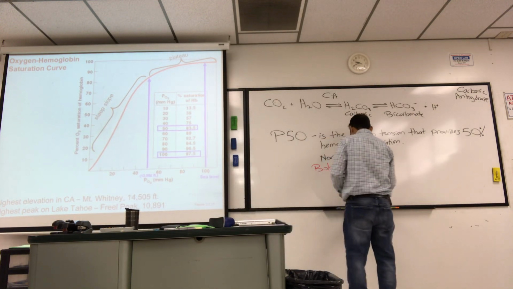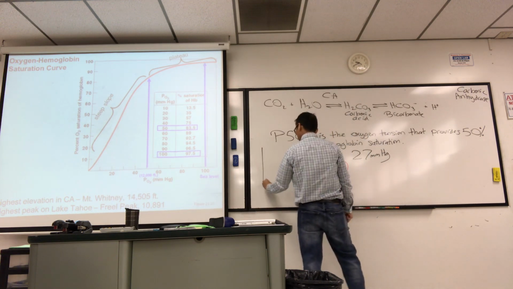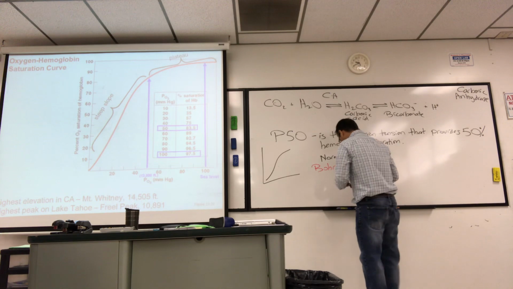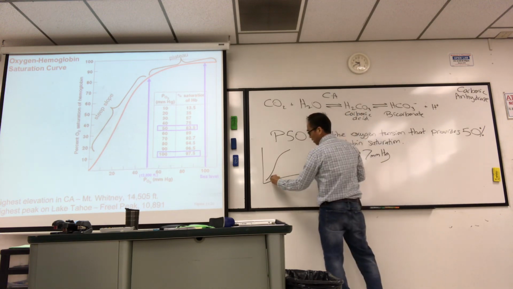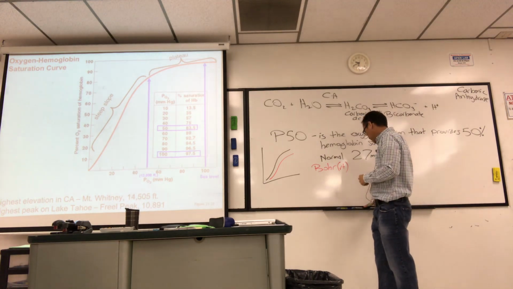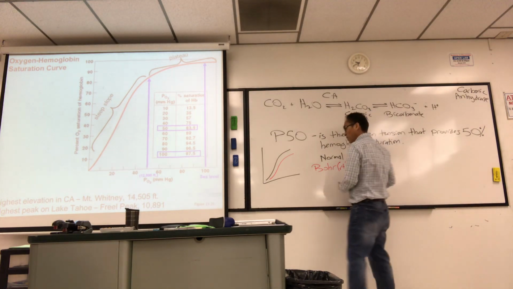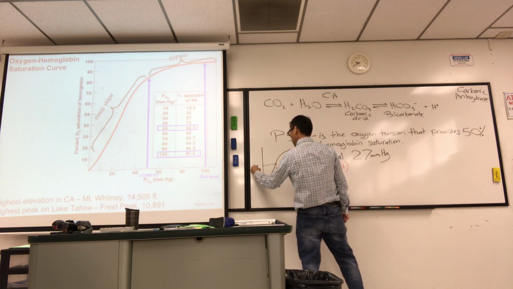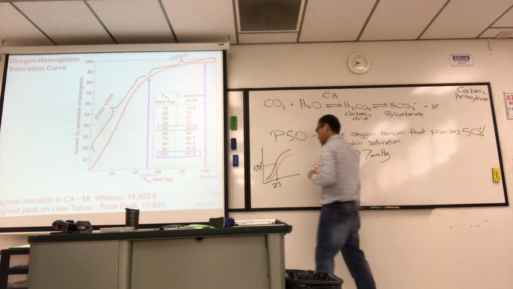So in your mind, if you're very visual, maybe you have to draw this out for yourself. Let's say that's normal, and let's say that's shifted. What I had said was, normally, at 27, that gives you your standard 50% saturation.